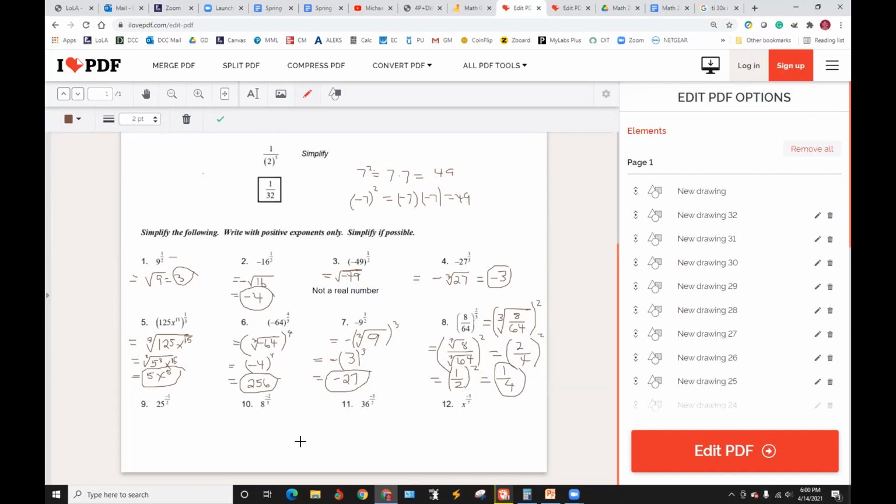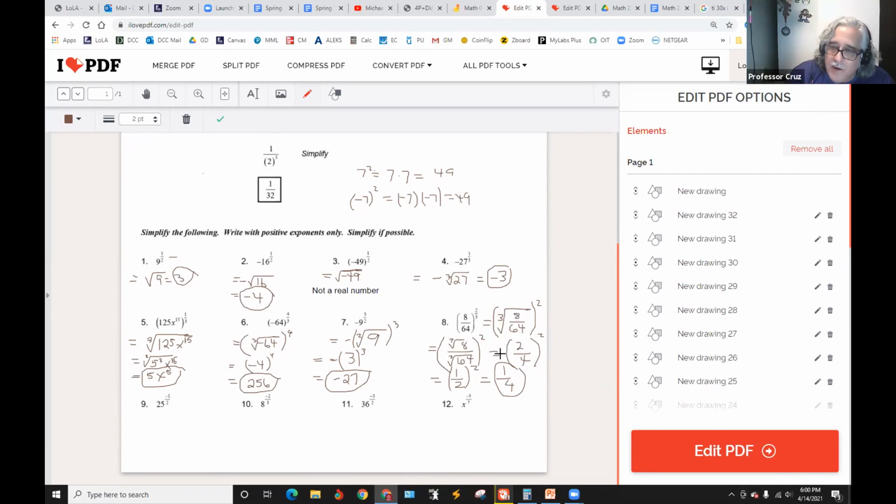Professor Cruz, just for that last one, with 8 and 64, that can already be simplified down to 1/8. You pretty much end up at the same answer. So does it matter if you do that? No, what are you talking about? Here, the 8/64ths. Because if you minimize 8 over 64, that ends up being 1/8, correct? Yeah, you're right.